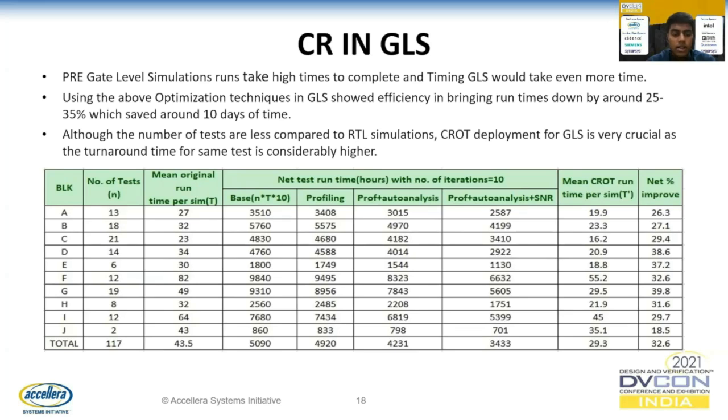This table shows the reduction of total runtime when using profiling, auto analysis, and save and restore techniques. Although the number of tests is smaller compared to RTL simulations, the toolkit development for GLS is very crucial, as the turnaround time for the same test is considerably higher.